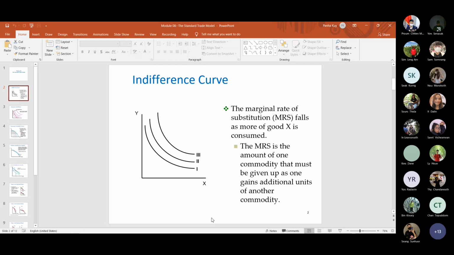Okay, so this one is your homework then. Try to understand the indifference curve, and then I will send you the homework in Microsoft Teams. You need to understand what the indifference curve is and what the properties of the indifference curve are. Try to explain it to me in just one page.